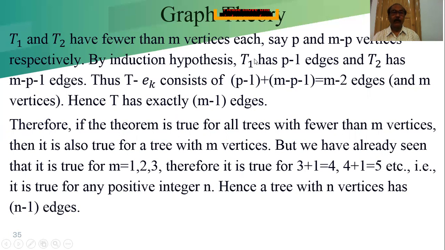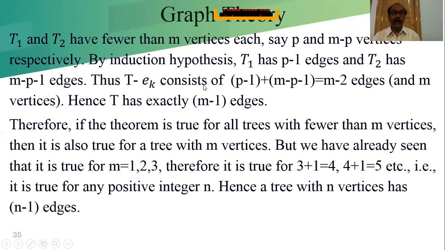T1 has p vertices, so T1 has p minus 1 edges, and T2 has m minus p vertices, so the number of edges will be m minus p minus 1, because m minus p and p are both less than m. That is, our hypothesis is true when it is less than m.